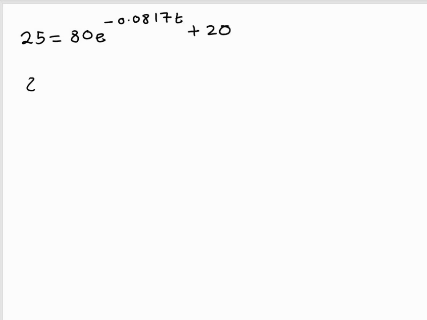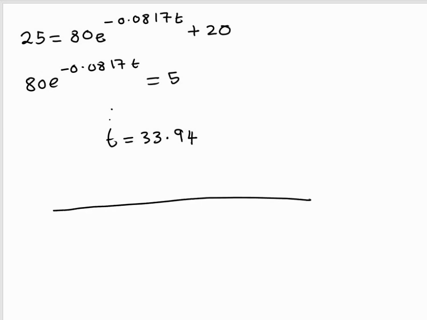And then we have 80 e to the power of negative 0.0817t equals 5. Let's solve this. So we have t equals 33.94. So 33.94 is the time taken for the object to cool from 100 degrees Celsius to 25 degrees Celsius.